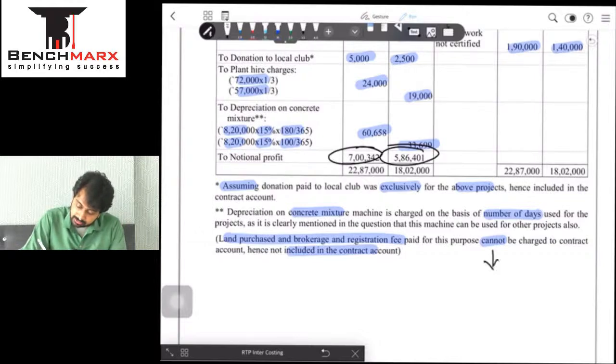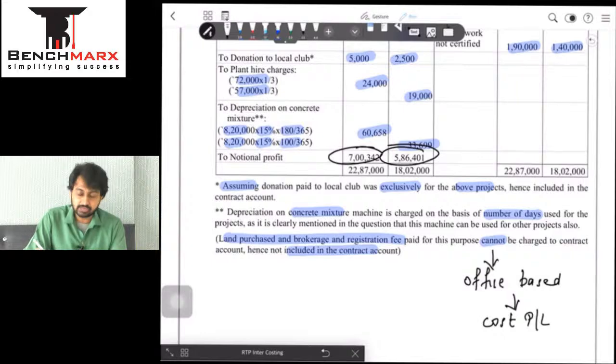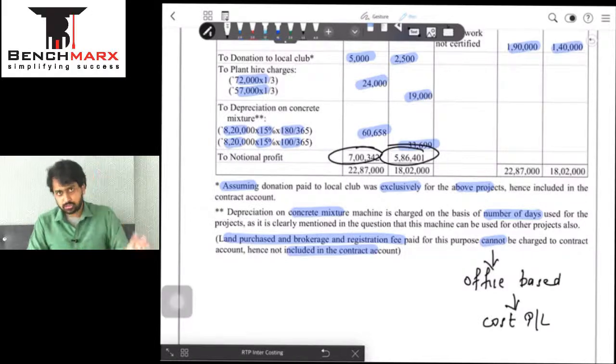The reason is they are office based expenses, and office based expenses go to costing P&L unless the question has given us that a proportion goes to the contract. Then in that case we'll apportion one portion, but if nothing is given, they are assumed to be not for the contract directly, so I will not take them in the contract ledger.